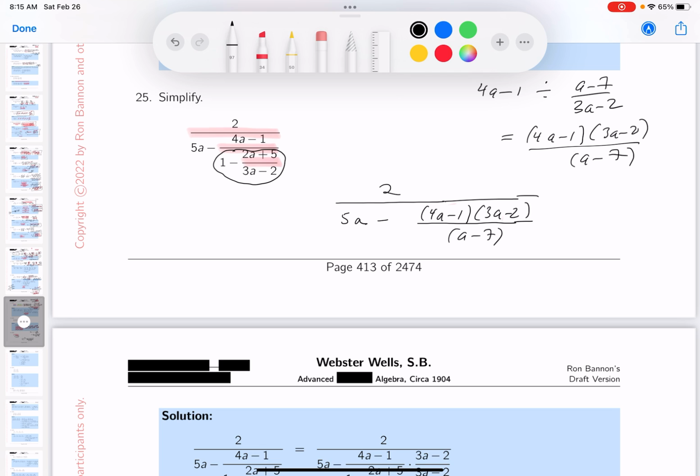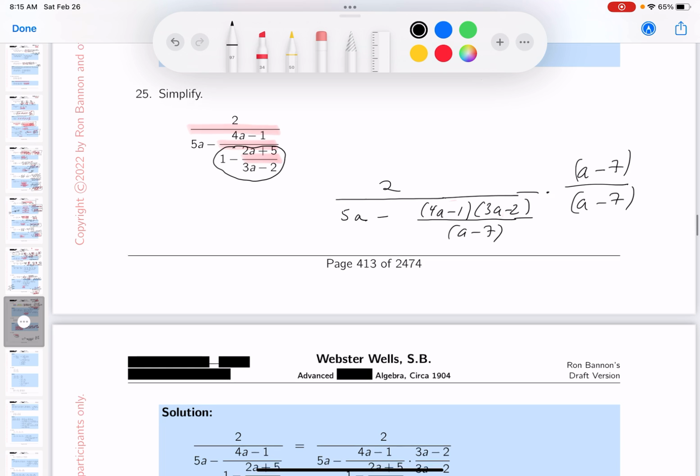Now I'm going to start thinking about other things I could do. Let me erase this business over here. What I'm going to do now might seem strange to you. I'm going to multiply the top by a minus 7, and I'm going to multiply the bottom by a minus 7. And what do you get?